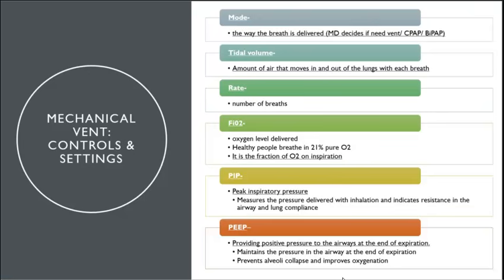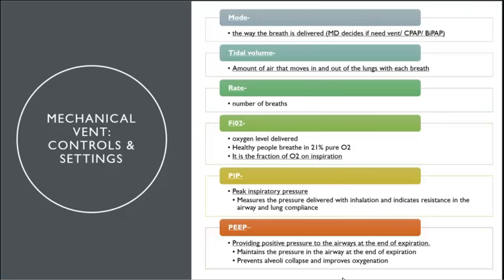Your FiO2 is how much oxygen is being delivered. Remember, we're at 21% on room air. Now, you can do 100%. It is the fraction of oxygen on inspiration. Your PIP, or peak inspiratory pressure, is the measure of pressure that is delivered with inhalation. So how much pressure do we push into the lungs, into the airway?